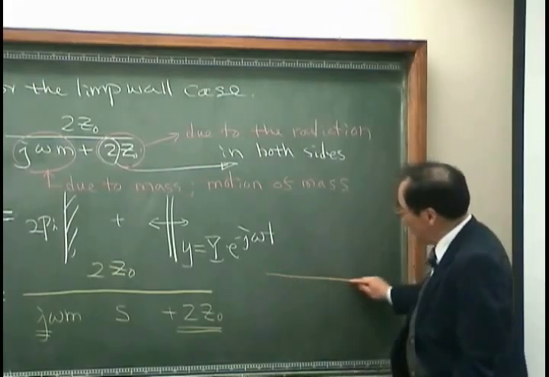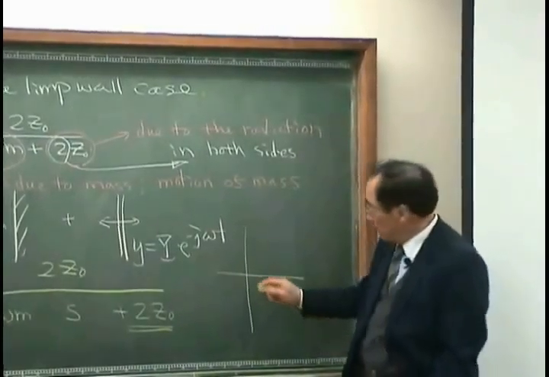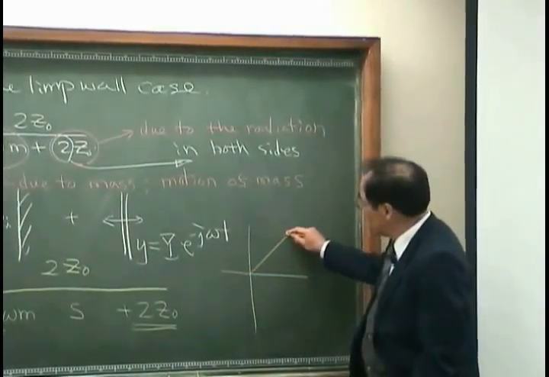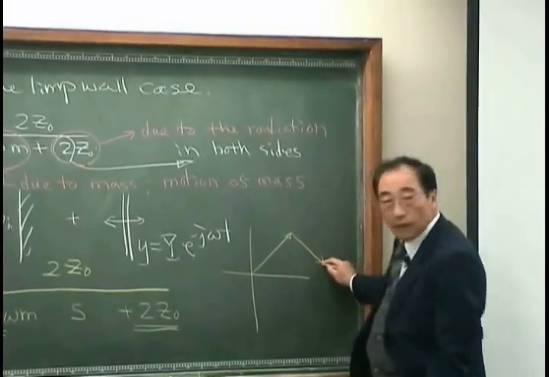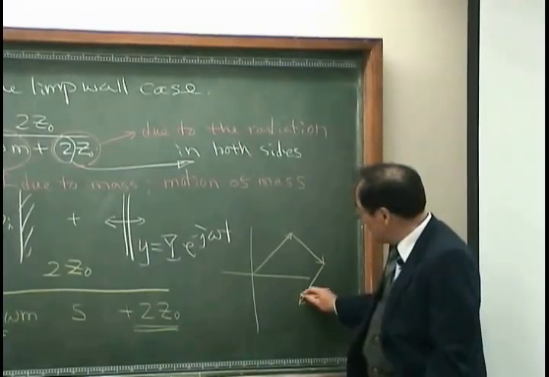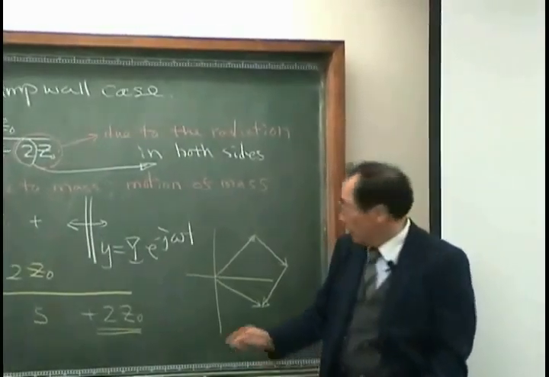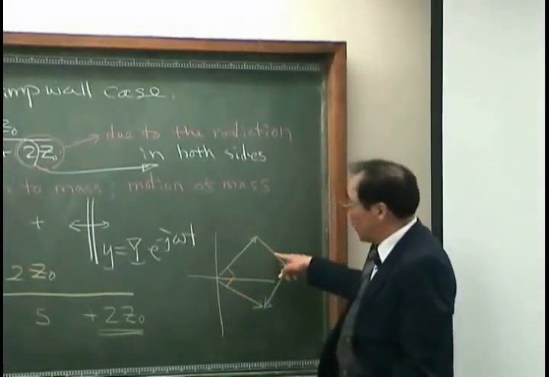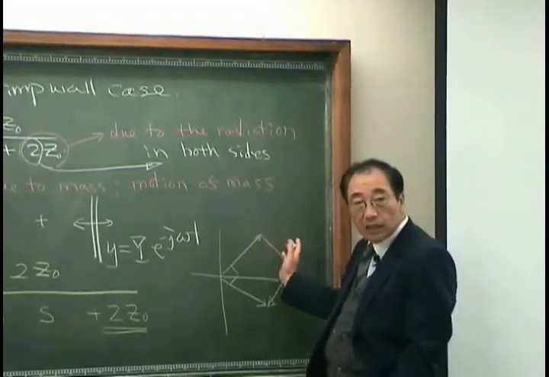So remember the phase diagram. This is the displacement, and this is the velocity, and this is inertia, and this is the excitation force, right? And the phase relation between this and this is what?